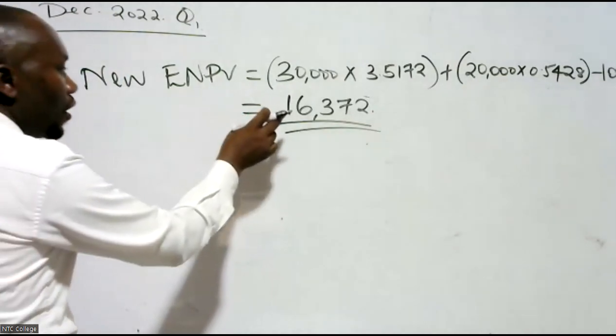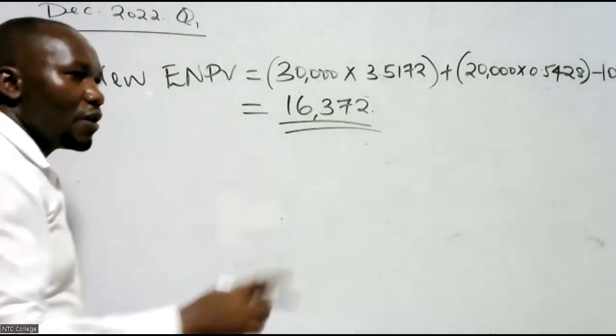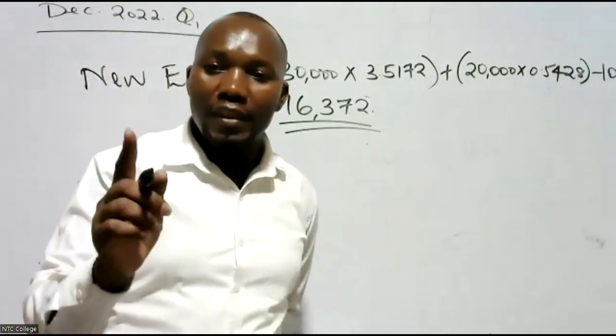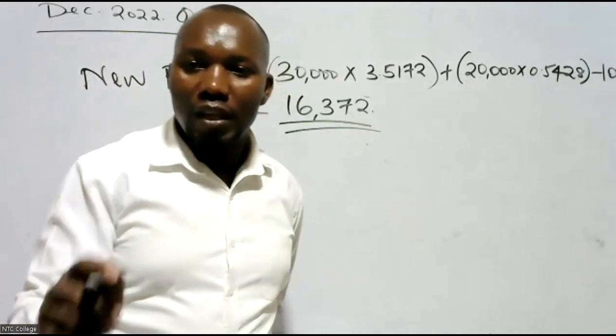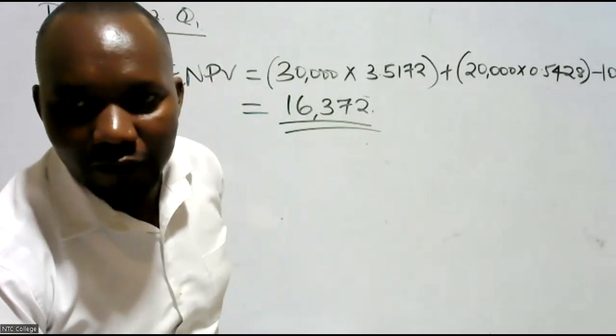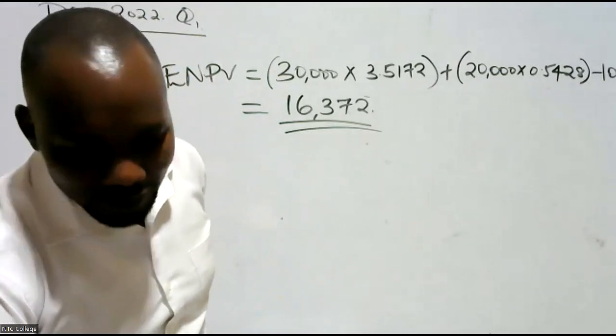So it has gone higher from what we were having. Initially, it was 15,000, but now we are having 16. So is it positive or negative?